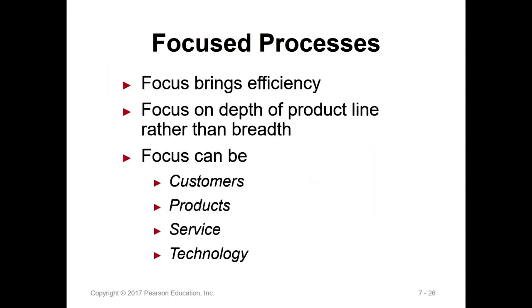So this is the last slide. We talk about how do you select the process? What is your process strategy? We have 4 types of process. We talked about them in the beginning of this chapter. We talk about focused process, which is a lot of varieties and smaller quantities.